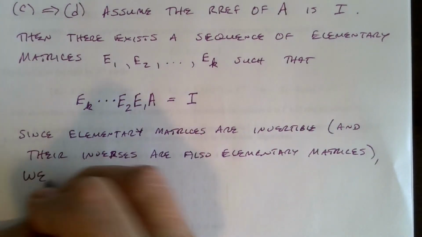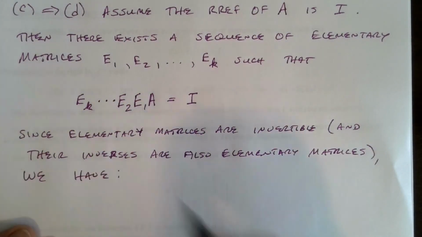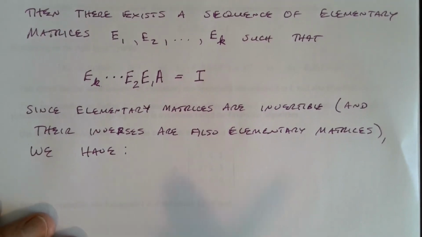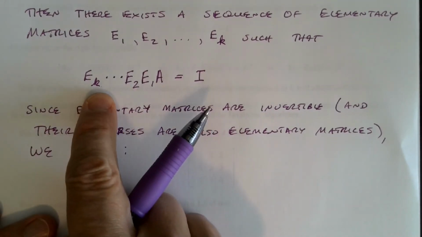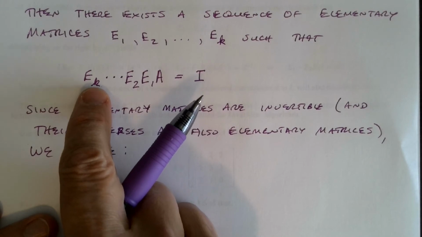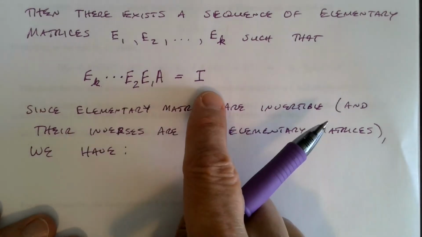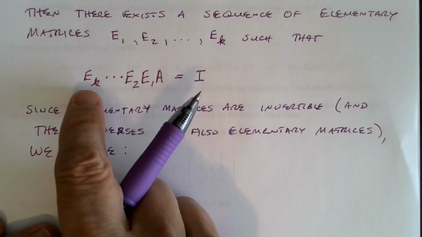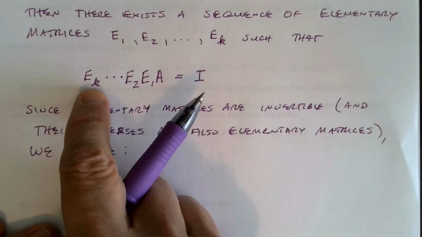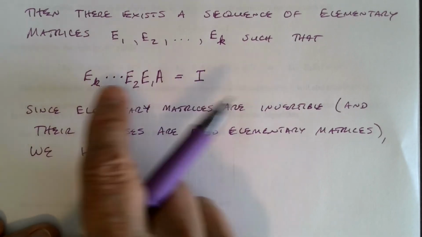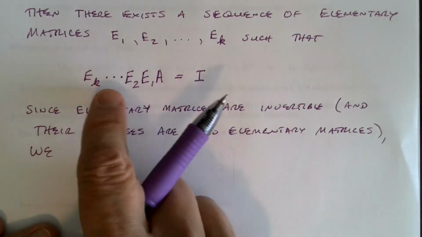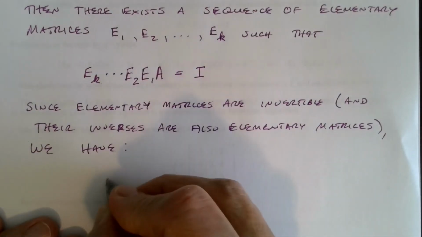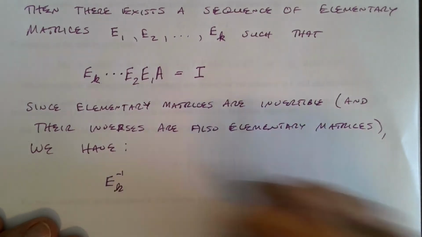Then we have the following. So here's what we're going to do. I'm going to start with this last row operation we did. This would have been the last row operation to finally put A in its reduced row echelon form, the identity matrix. So this elementary matrix has an inverse, and its inverse is an elementary matrix. So I'm going to multiply on the left both sides of this equation by the inverse of E sub k. So that's going to be E sub k inverse.